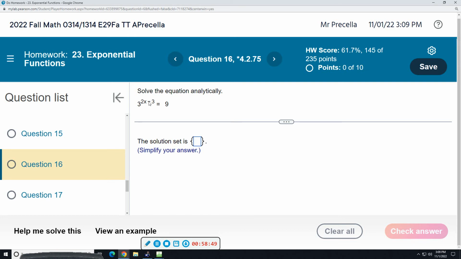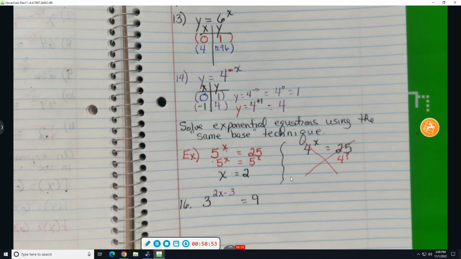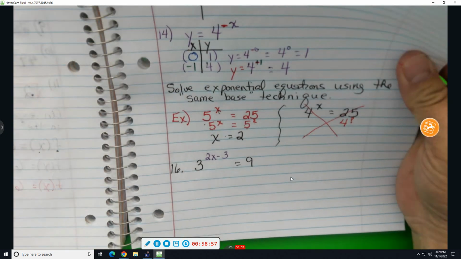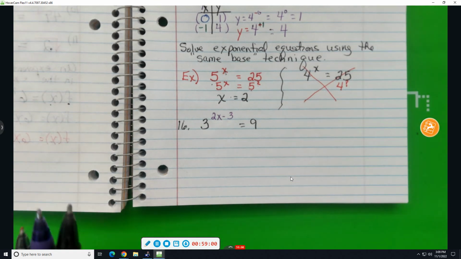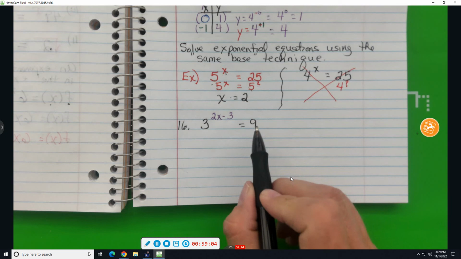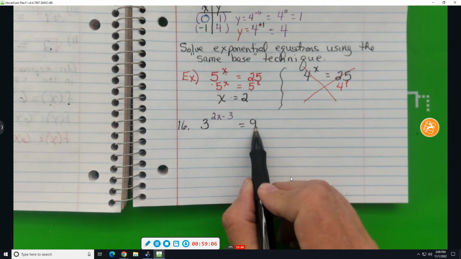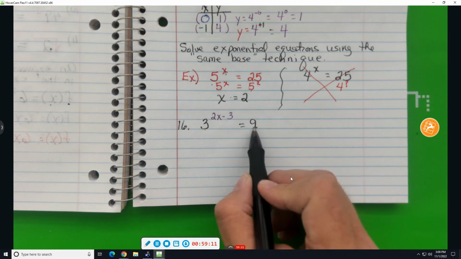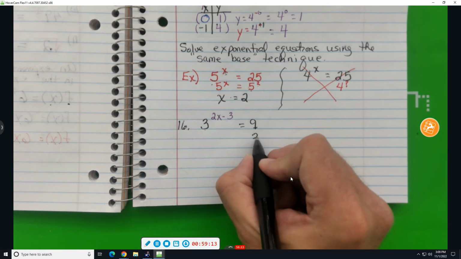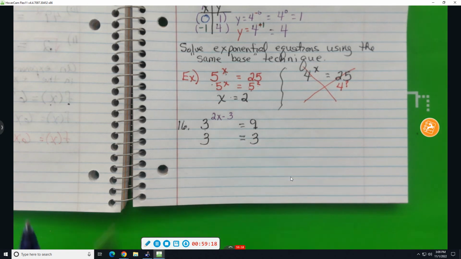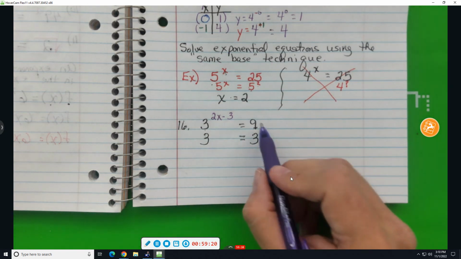So the way we solve these is to try to write both sides with the same base. What I'll generally do is look at the larger base, 9, and ask myself, can I rewrite that number using this base here? How could I rewrite 9 using 3 as the base? 3 to what power would give me a 9?